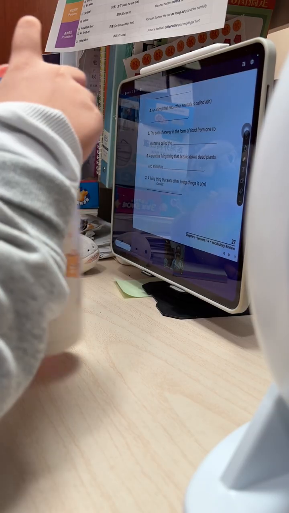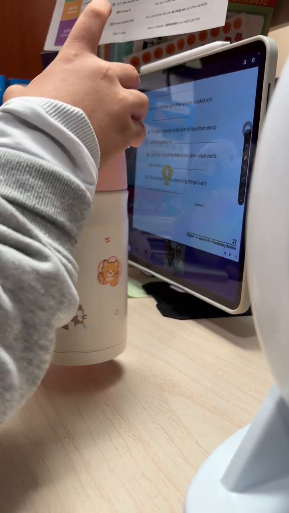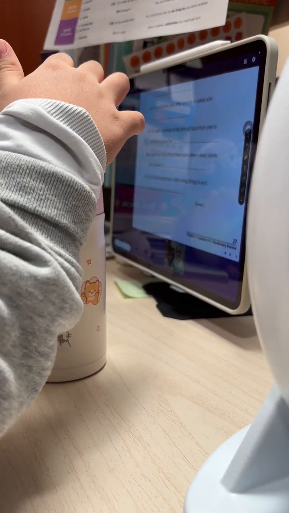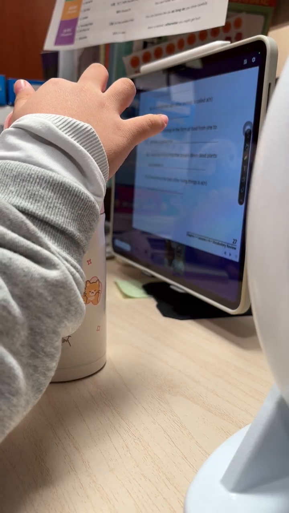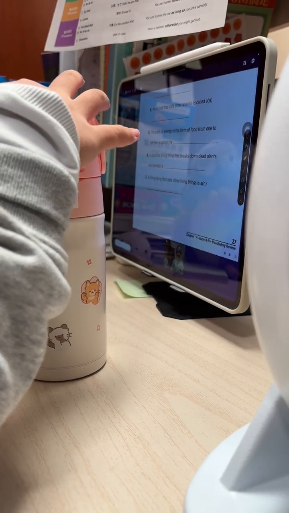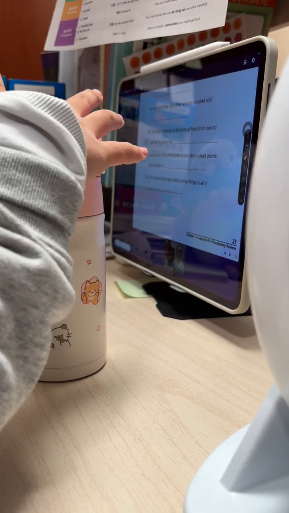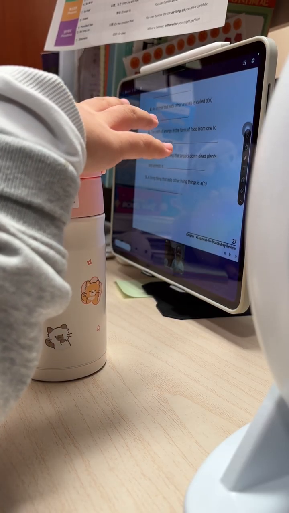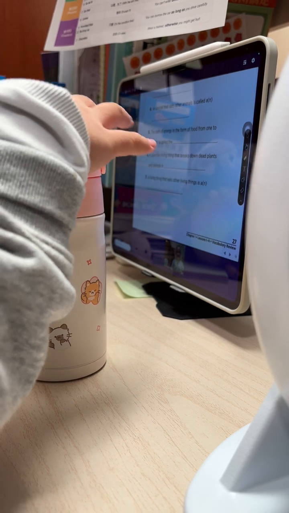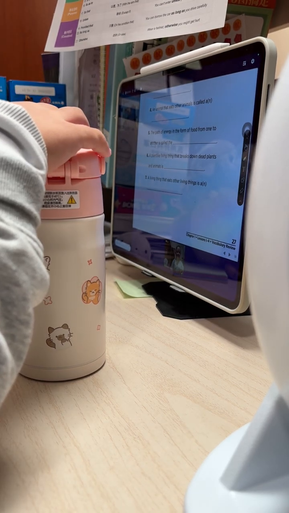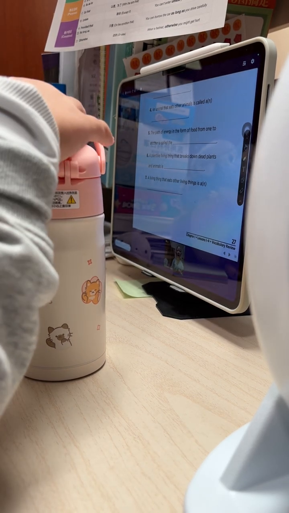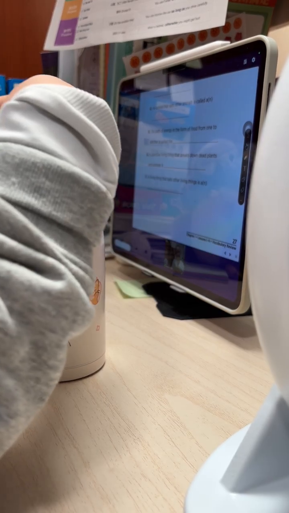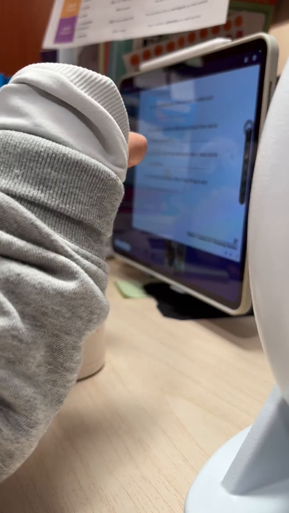A living thing that eats other living things is a consumer. Remember, it's not omnivore, carnivore, herbivore. It's the other set. You can be a producer or a consumer. A consumer, yeah.